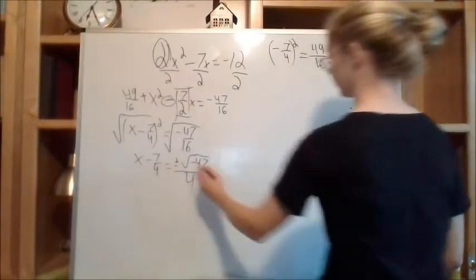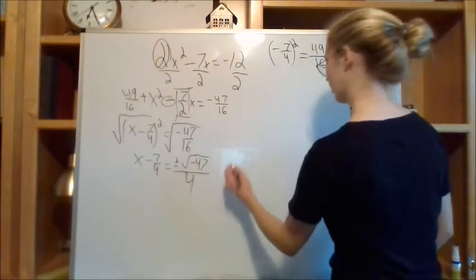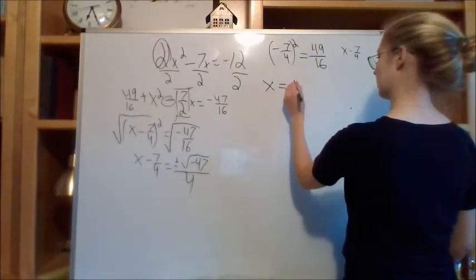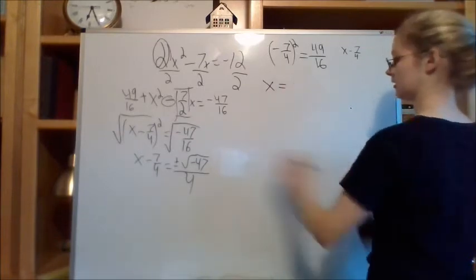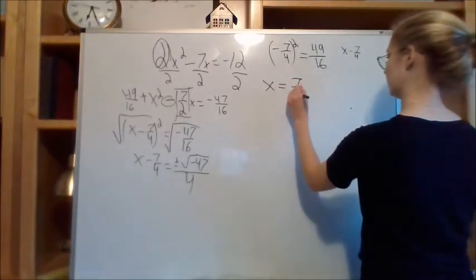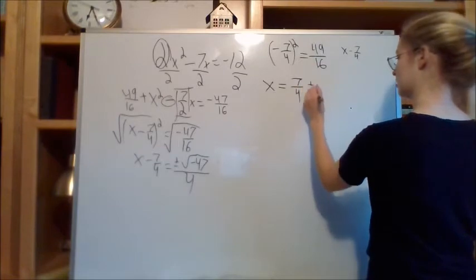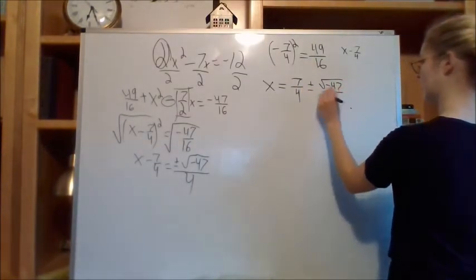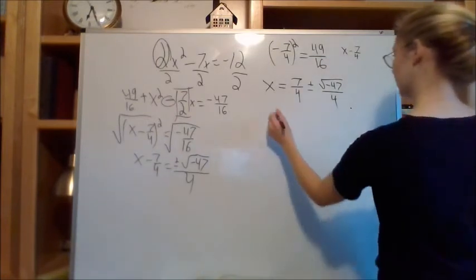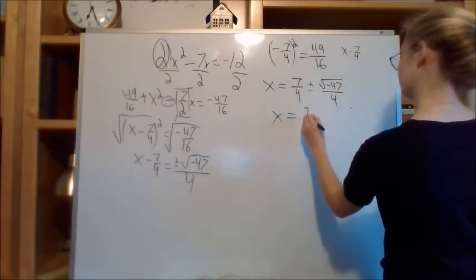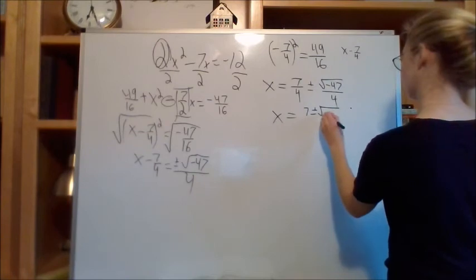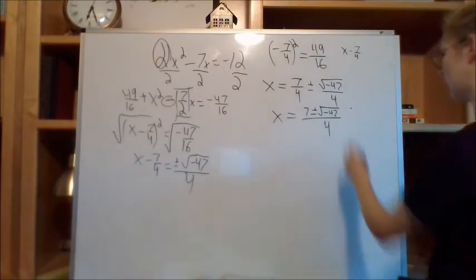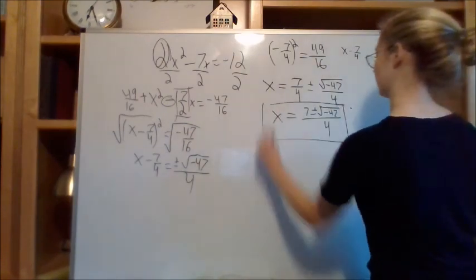And then we add the 7 over 4, and we get x equals 7 over 4 plus or minus the square root of negative 47 over 4, which is just 7 plus or minus the square root of negative 47, all over 4. And this will be our solution.